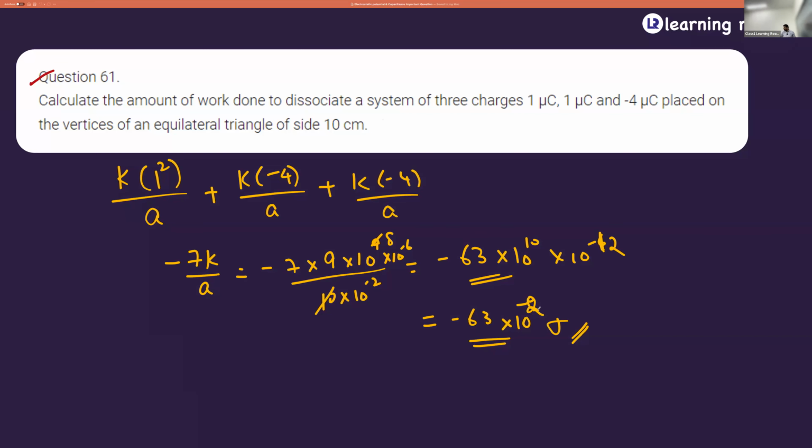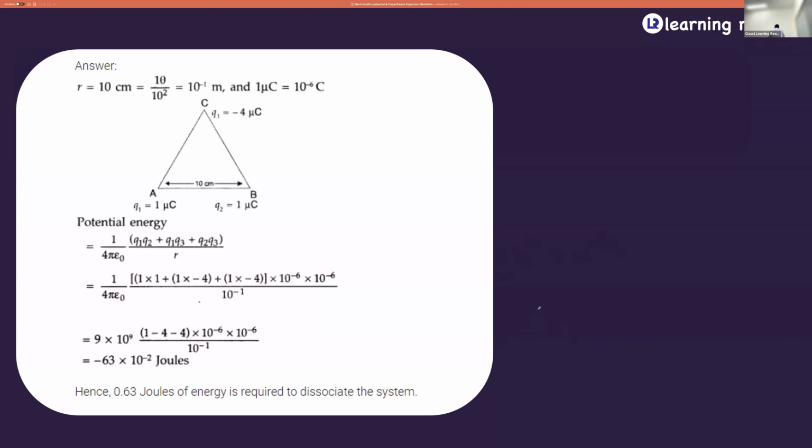Did you understand? So this is going to be the final answer. Okay. So this is how the diagram looks. This is a mathematical expression. This is the final answer. So 0.63 joules of energy is required to dissociate this kind of a system.